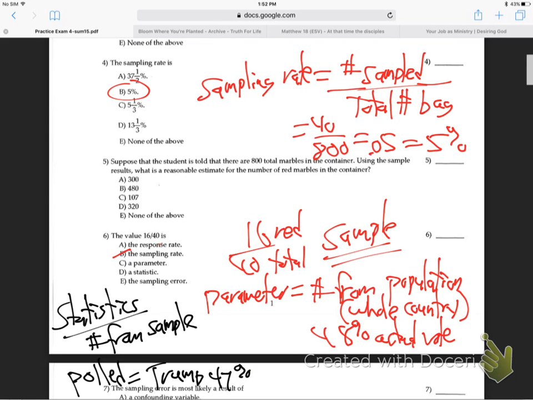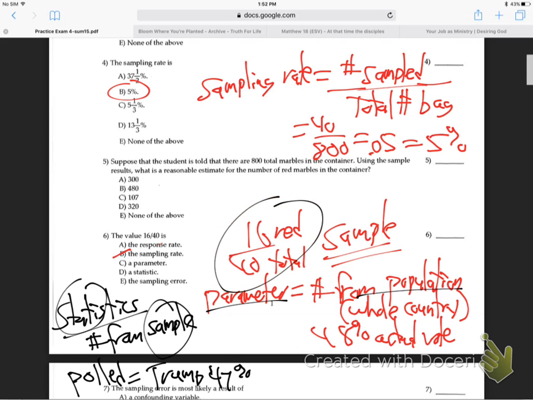I don't know what they said, but for example, right? So polling would be like a statistic. It's just from a little group. It's just a sample. So remember I tried to do PPSS, PP, population parameter. They go together, right? Parameters and populations. Parameters come from the population. And statistics come from the sample, SS.